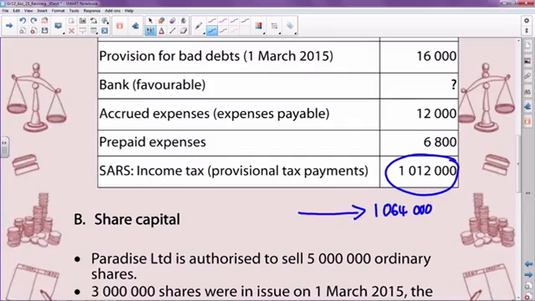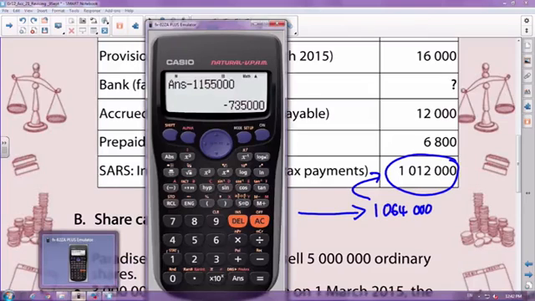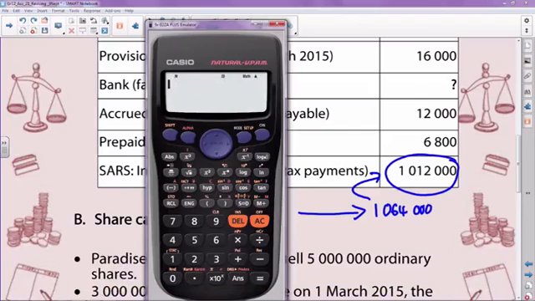Okay guys, watch what I've done for you. You see this 1,064,000? That was your tax liability for the year, of which you've made provisional payments to the value of 1,012,000. This means therefore that if we take the 1,064,000 and we subtract our provisional payments of 1,012,000, that will give you a figure of 52,000.